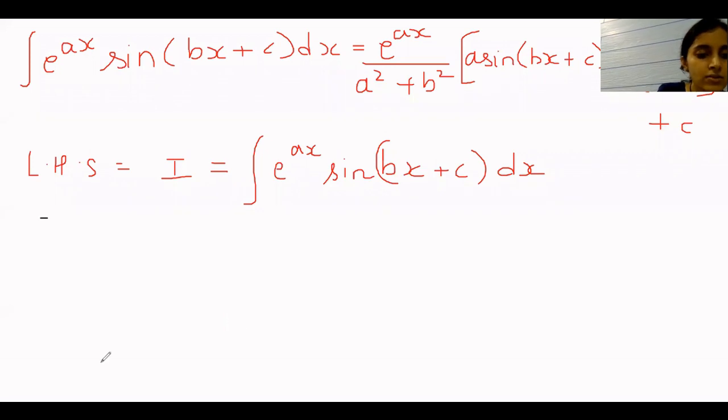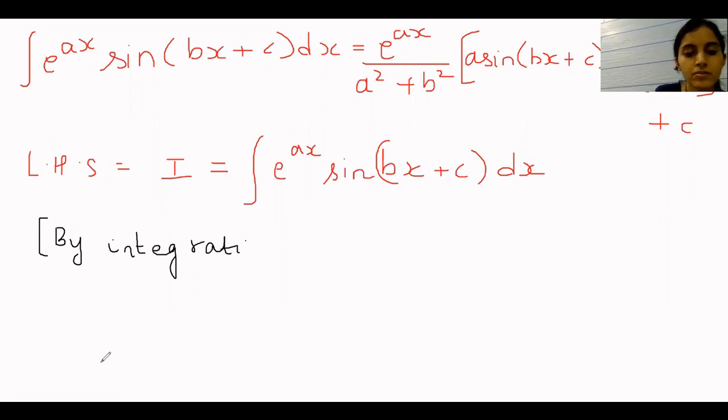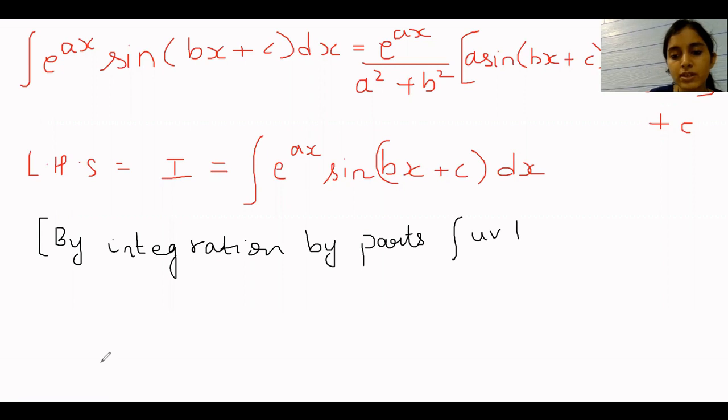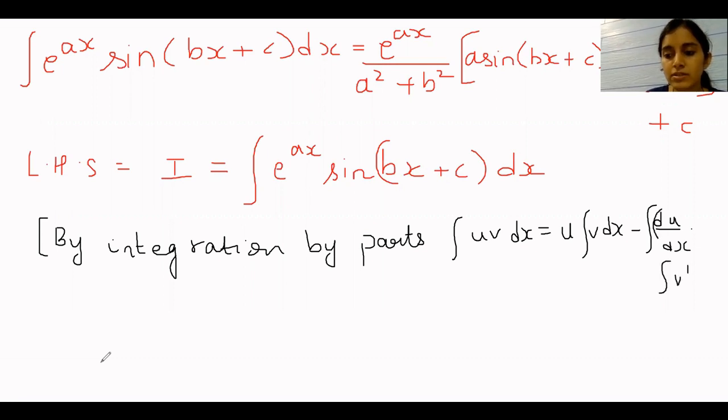So by integration by parts, integral uv dx is equal to u integral v dx minus integral of du by dx into integral v dx, dx. Let us use this for our sum.